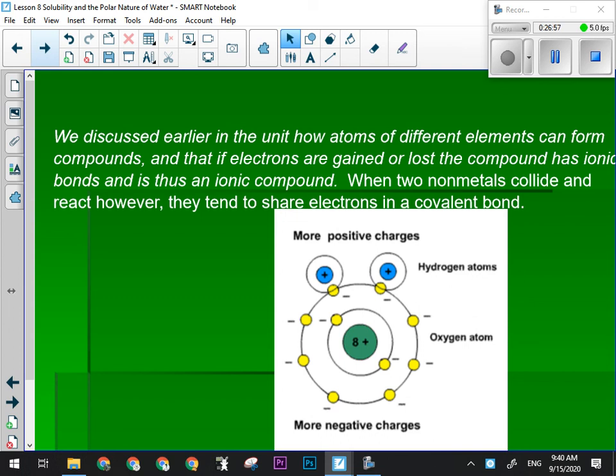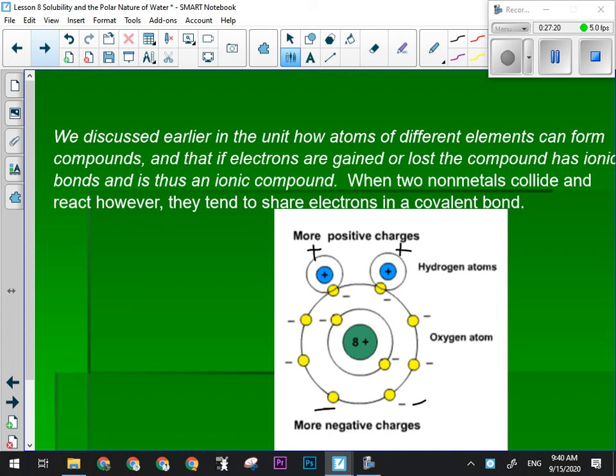So that's why we call it polar. It actually has two positive poles and two negative poles. Because the electrons from hydrogen end up kind of pushing the electrons from oxygen down this way, so we get these negative charges down here. Now, do you ever have just one water molecule hanging out by itself?